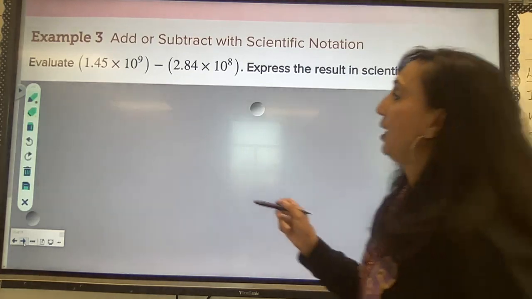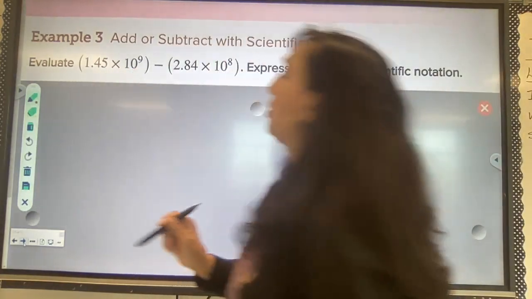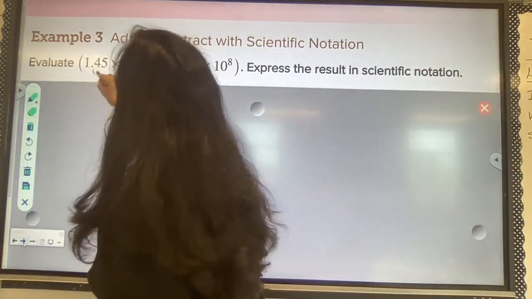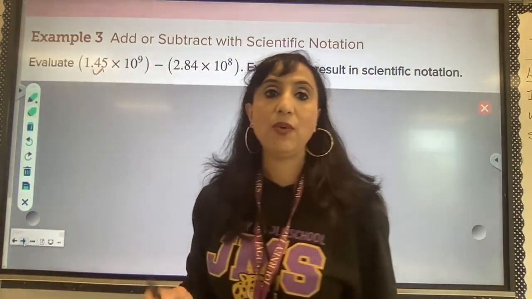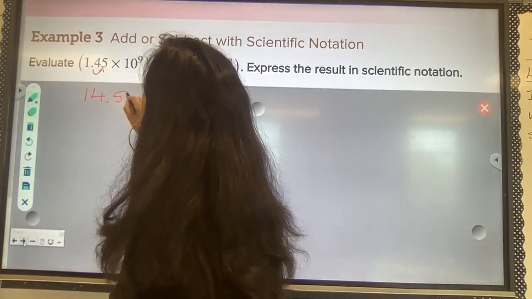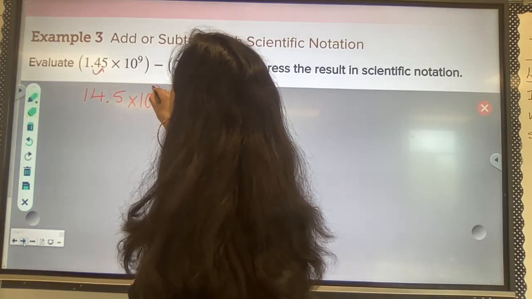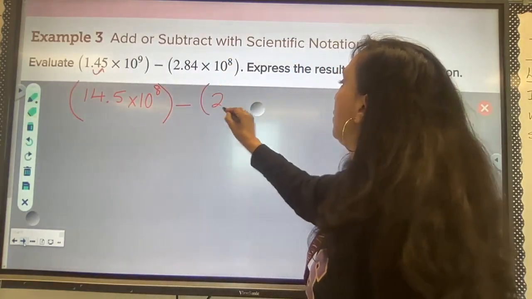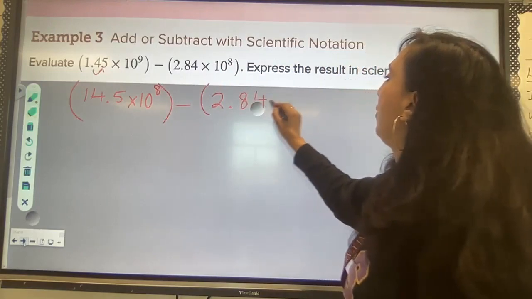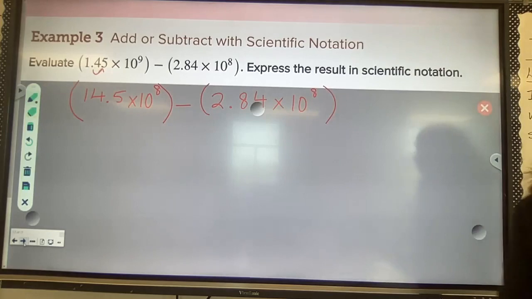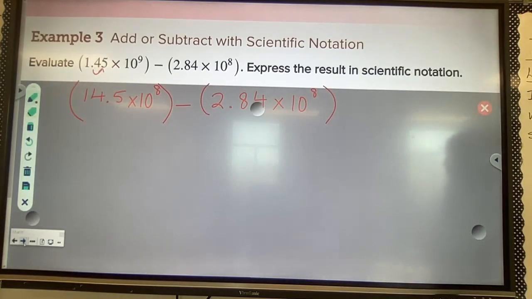So in order for me to change this to 10 to the eighth power, I will move 1 to the right. And when I move 1 to the right, this becomes 14 and 5/10 times 10 to the eighth power minus, we already have that, 2 and 8400 times 10 to the eighth power. And now we are going to use the distributive property.